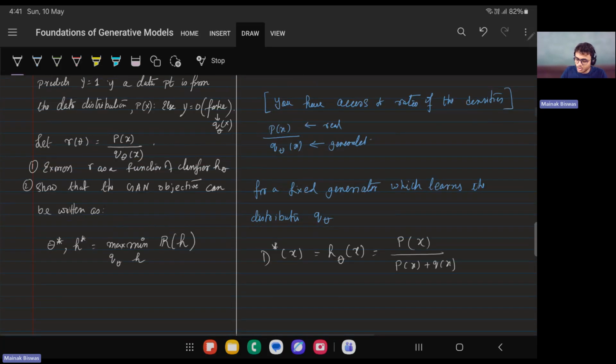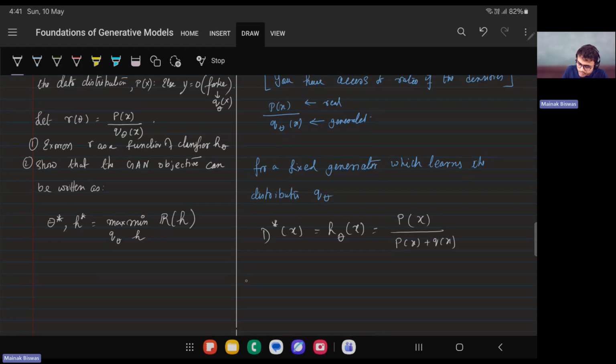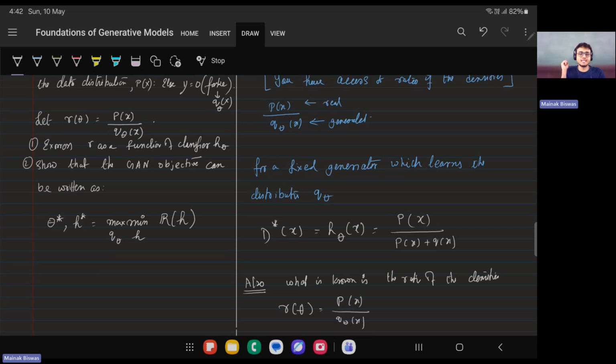And as soon as that is known to me, what is also known to me is the ratio of the densities, px by q theta of x. I have access only to the ratio of the densities. If I have access to the ratio of the densities somehow, and I don't have access to the discriminator and so on, then what do I do?